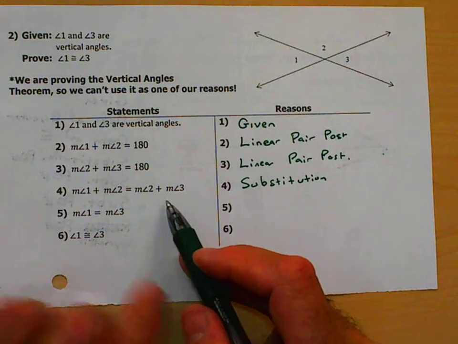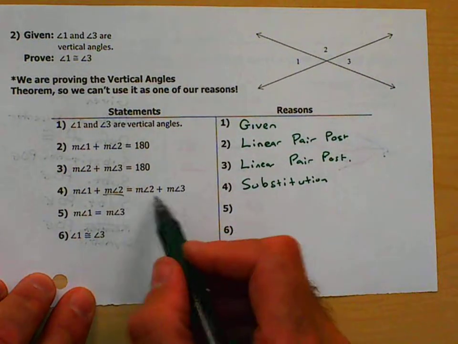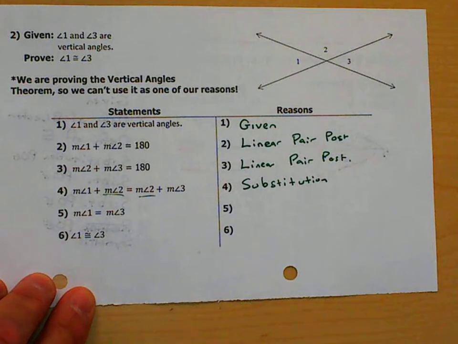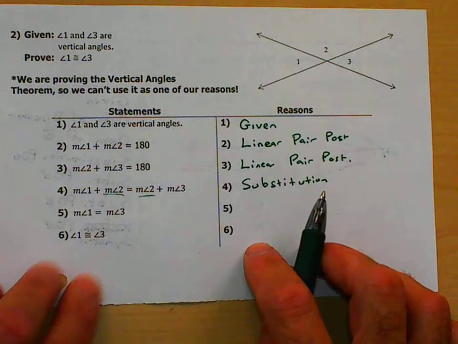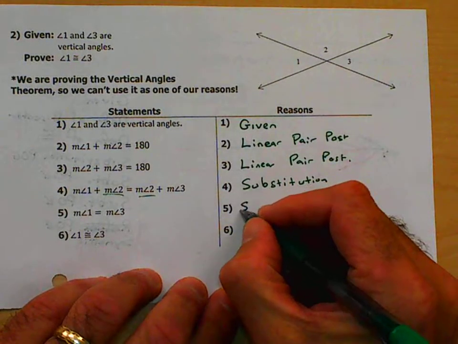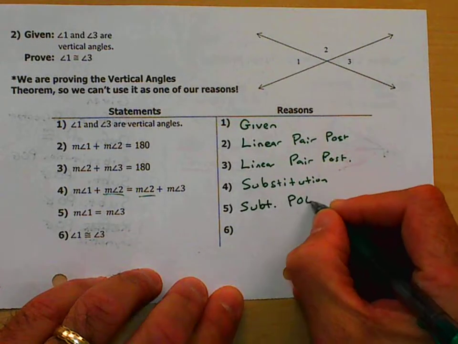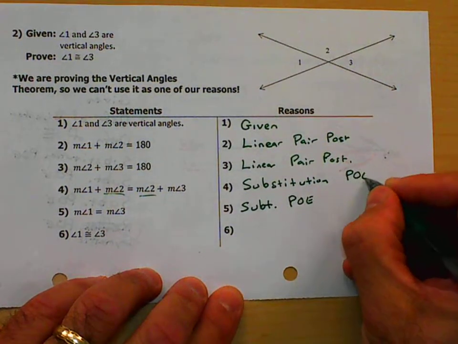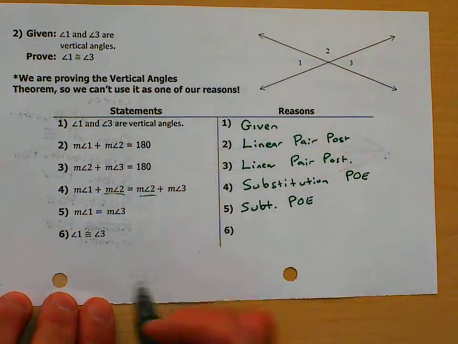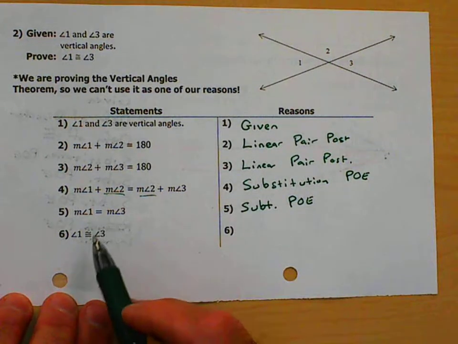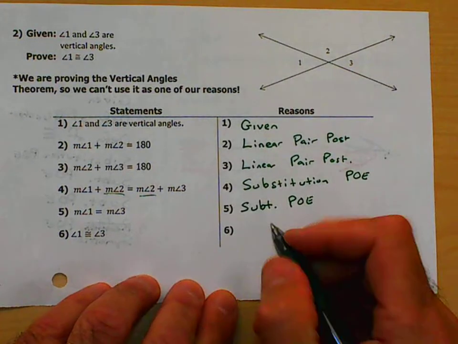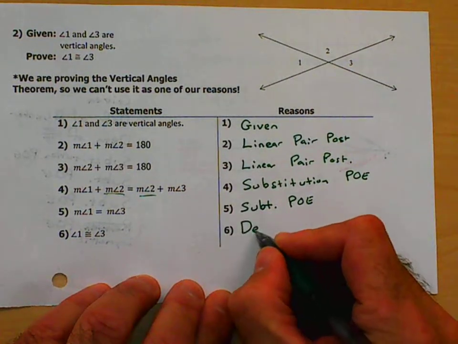We got rid of what? The same thing on both sides. How do we get rid of both things? Subtraction property, right? Subtraction property of equality. And then the last one, the fact that the measures are equal, the two angles are congruent by definition of congruency. Good.